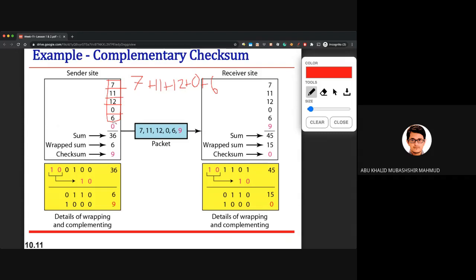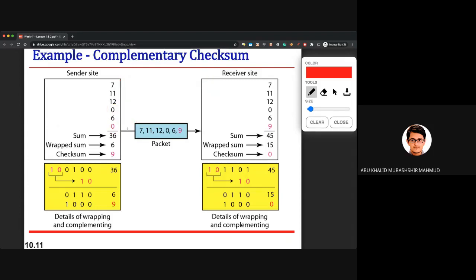Initially the sum is 0. So we have 18 and another 18, and since the last is 0, it doesn't count. We have 36 as the sum.